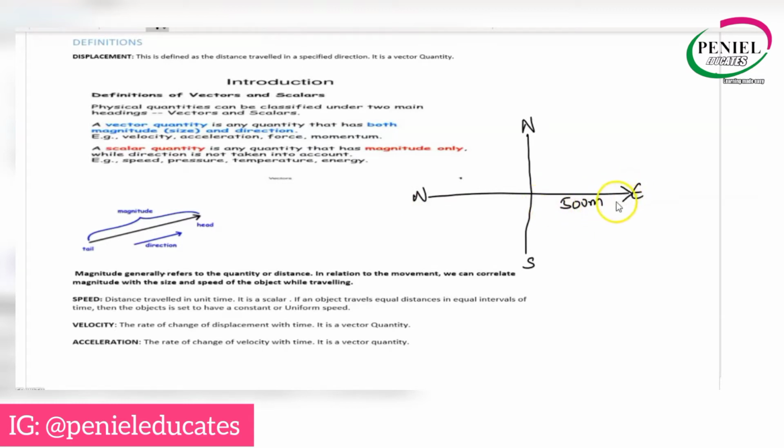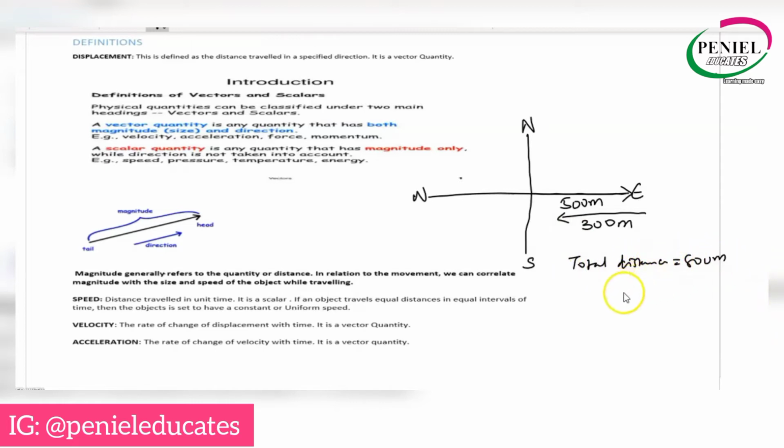Having done 500 meters towards east, he then turns around and walks back towards west a distance of 300 meters. So we can say that the total distance covered is actually 800 meters.